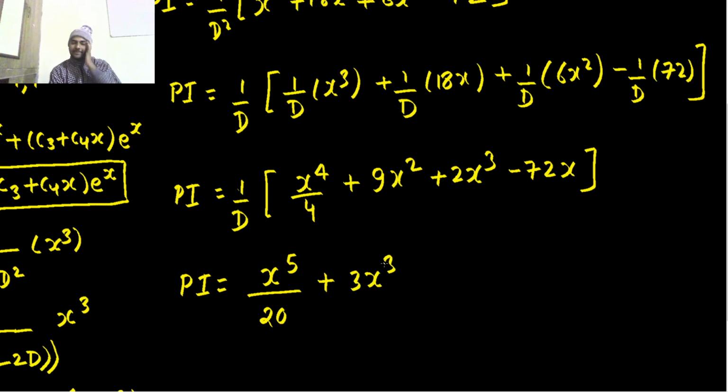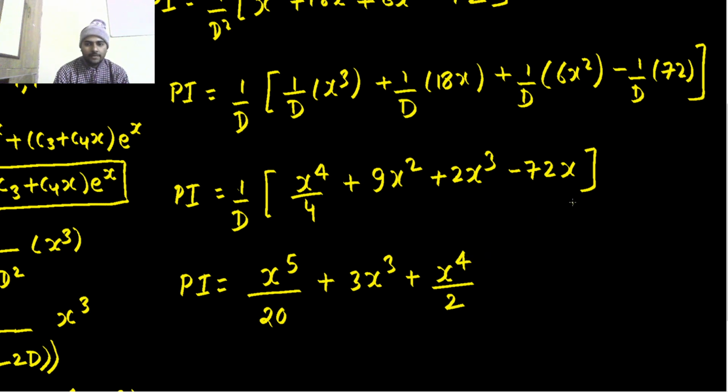I'm just skipping steps. I hope that much you can calculate in your mind. So x cube by 3, 3 and 9 got cancelled and I'm left with this. Now again x power 4 by 4, so I'm getting x power 4 by 2, because this 2 got cancelled with the 4 in the denominator.